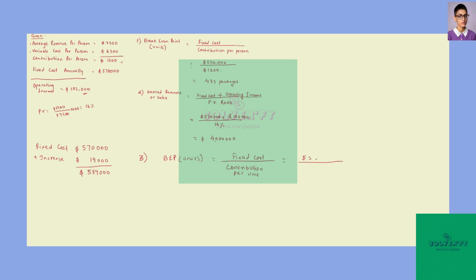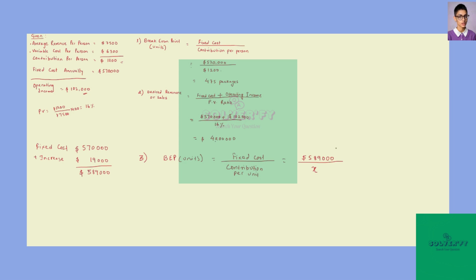So the new fixed cost is $589,000, and contribution we don't know, because here the variable cost is to be decreased.